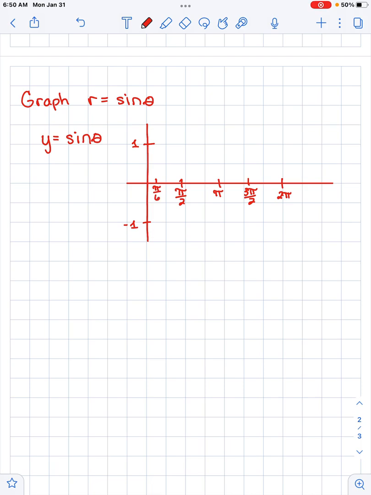5 pi over 6 I also know. And let's also do 11 pi over 6, just to have a few extra values here. So I know that the sine of 0 is 0.